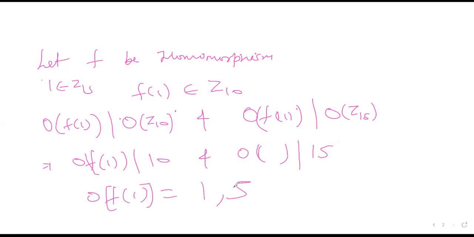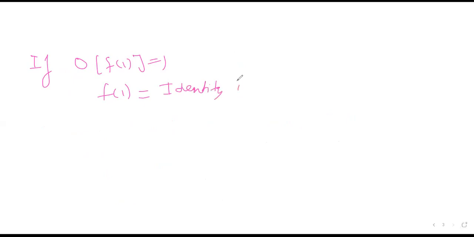These are the two possible orders. Now, if the order of f(1) is equal to 1, then it means that f(1) is the identity in Z10, which is 0 itself.